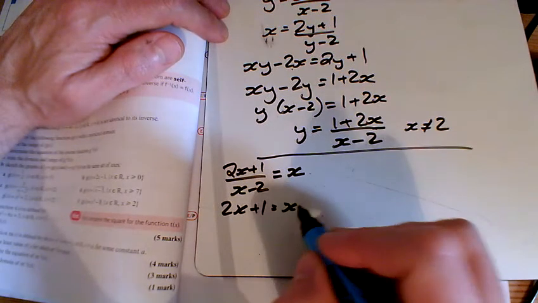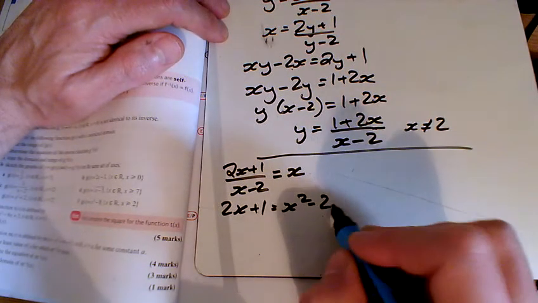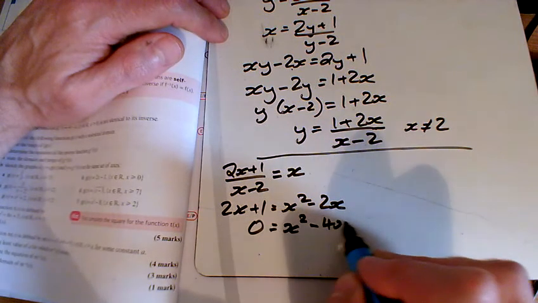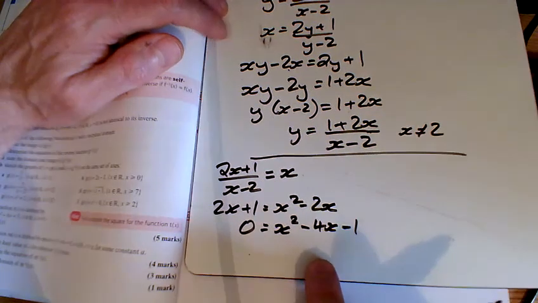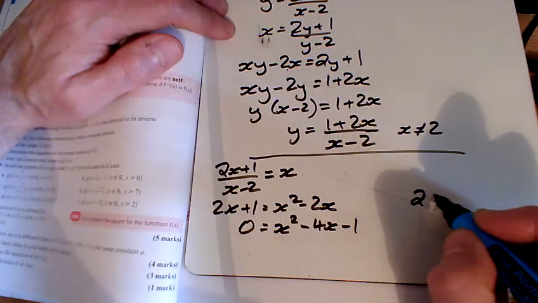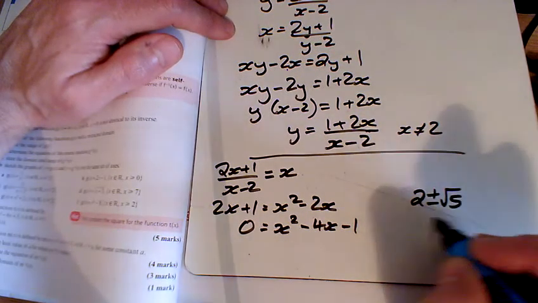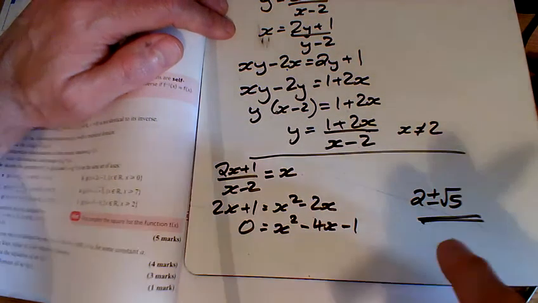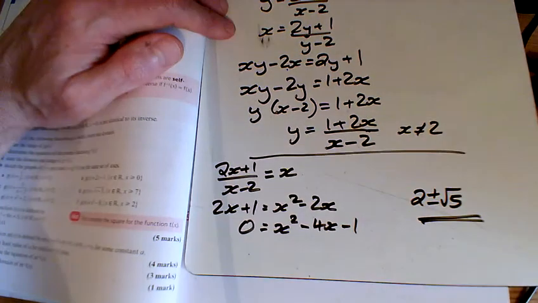So timesing up the x minus 2, dragging everything over to one side, and then solving that quadratic. When you solve that quadratic on the calculator, you get 2 plus or minus root 5 as the two values that, if you put them in there, give you 2 plus or minus root 5.